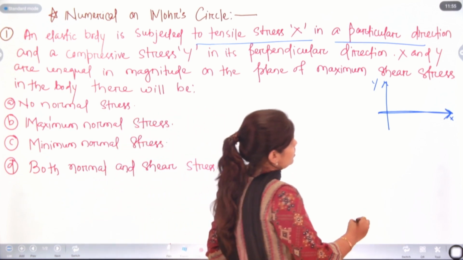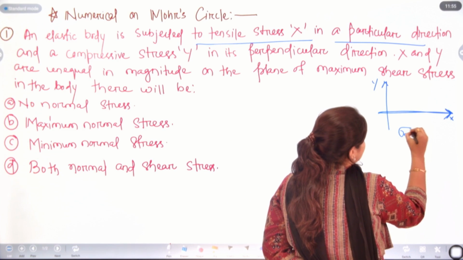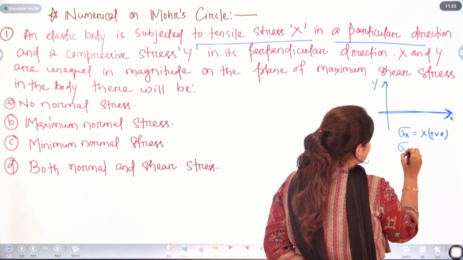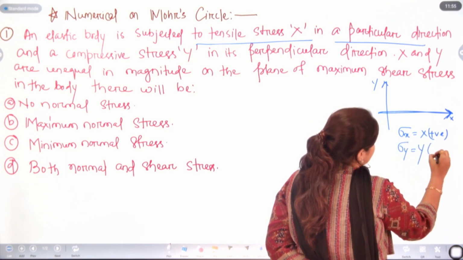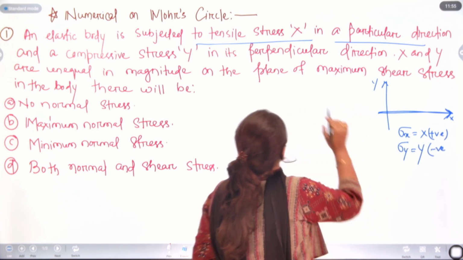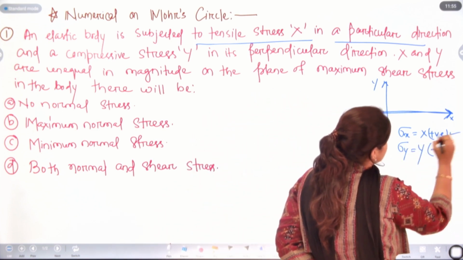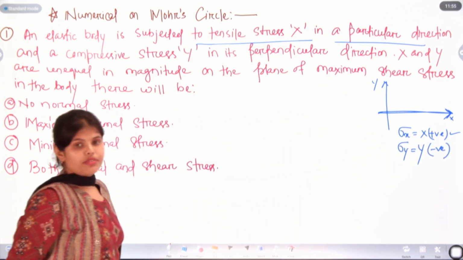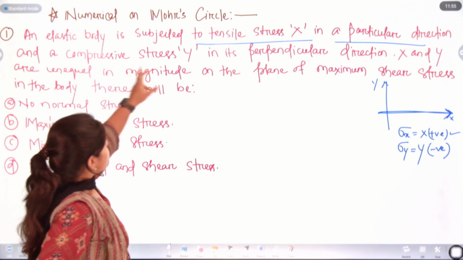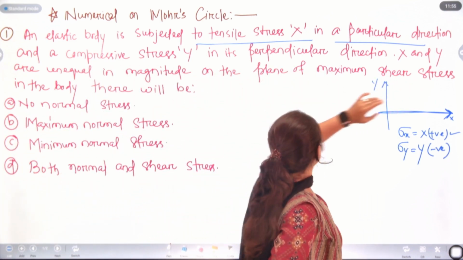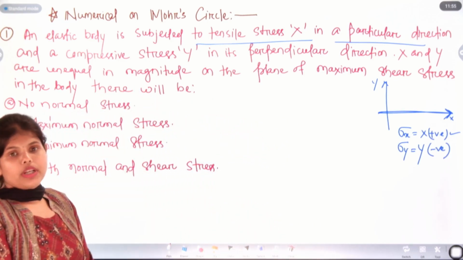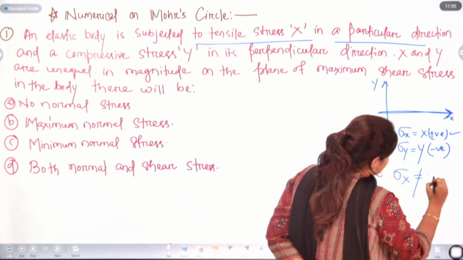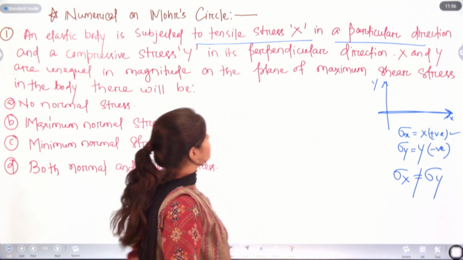So, we can write here sigma x in the positive direction, because it is tensile, and sigma y is negative because it is in the compressive direction. x and y are unequal in magnitude, that does mean sigma x and sigma y are not the same.